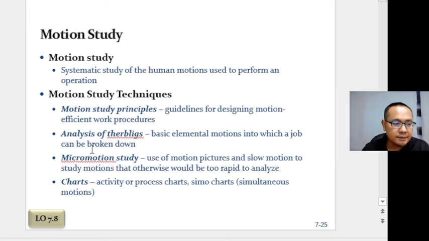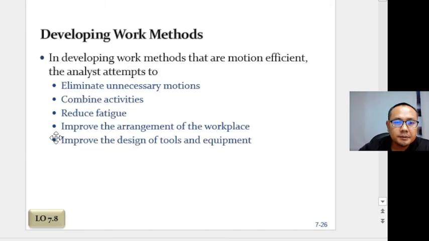Again, safe standing posture, right? In developing work methods that are motion efficient, the analyst attempts to eliminate unnecessary motions, combine activities, and reduce fatigue. This is not only in manufacturing; the hospital case study shows it is very important and helpful for helping patients.